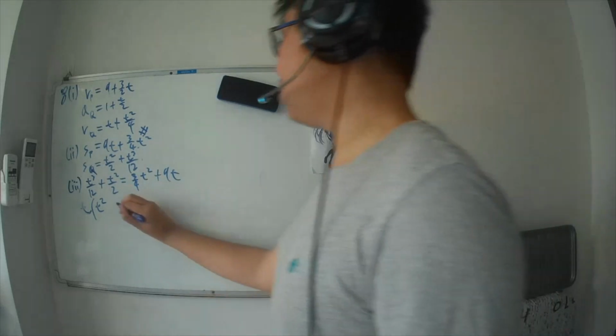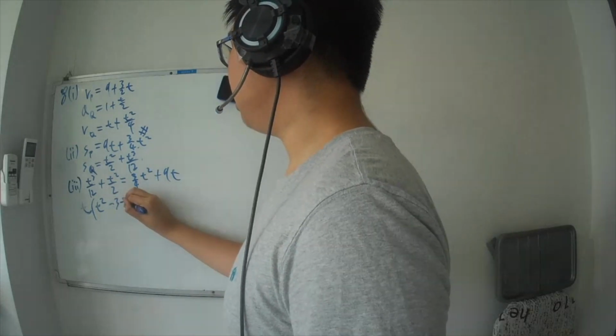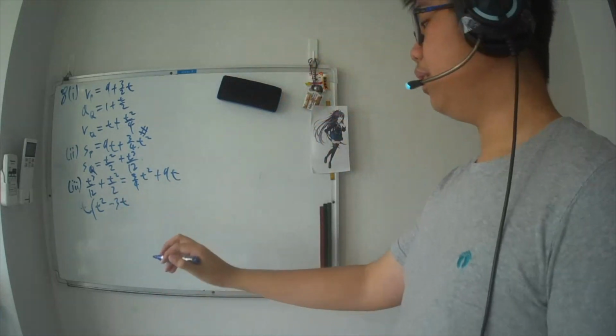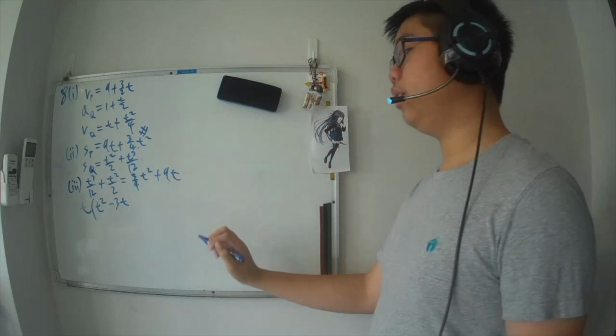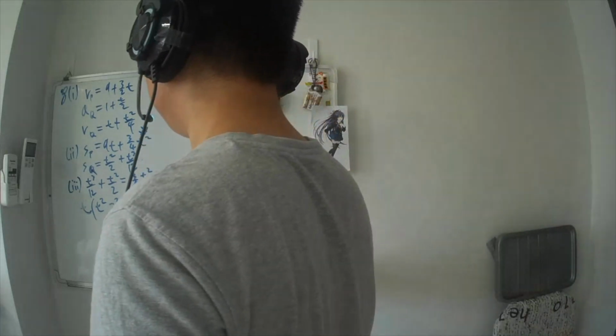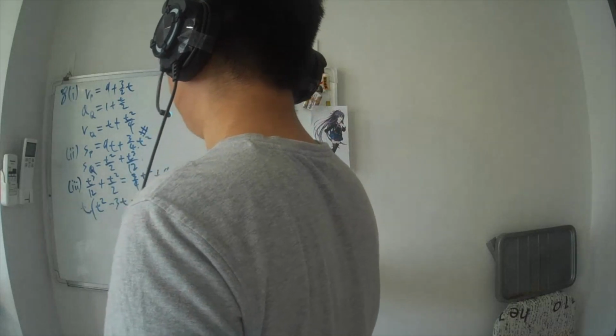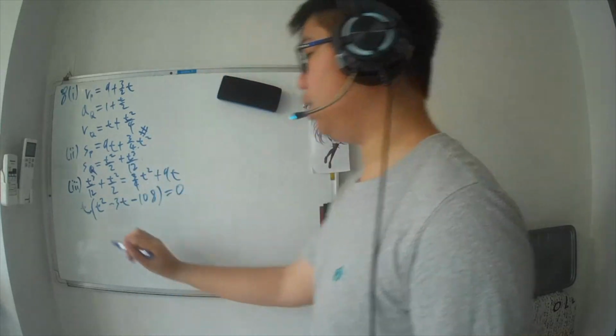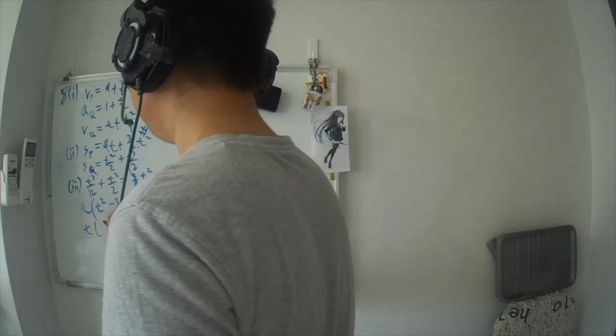So that'll be minus 3t, because I factor out the t, and then we are also going to subtract the 9t, which is 108 in this case, and this is equal to 0, and then we will factorize the inside.